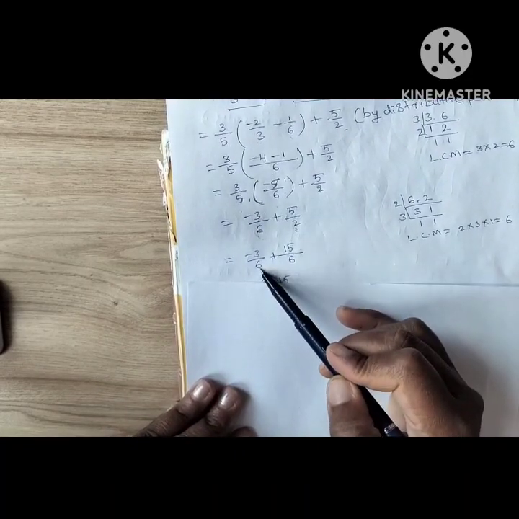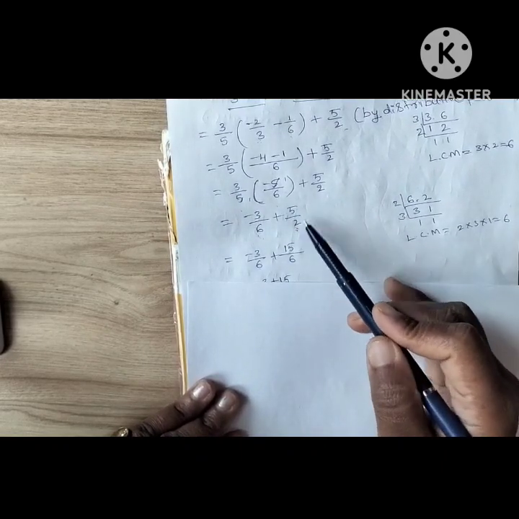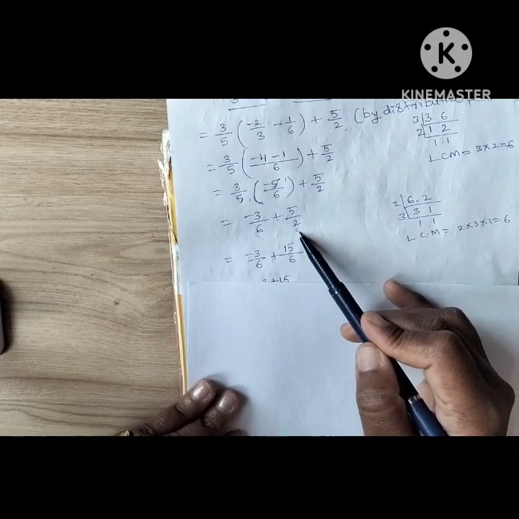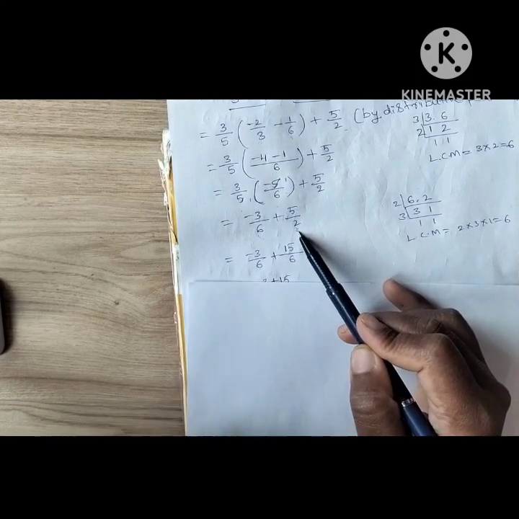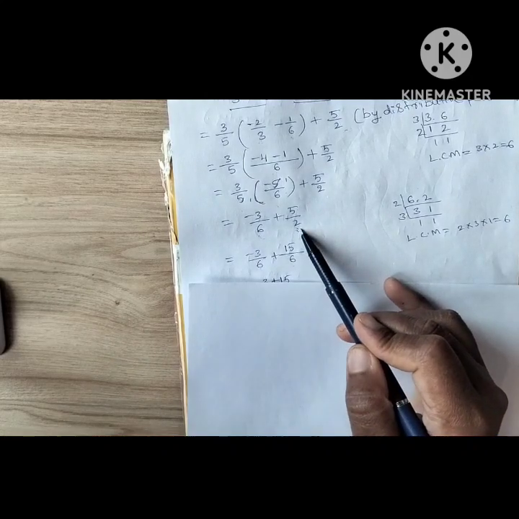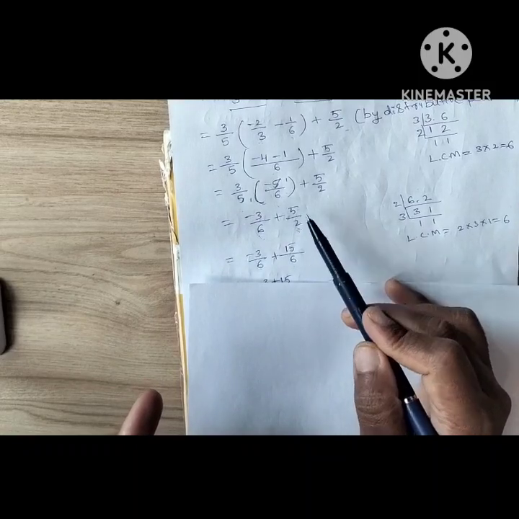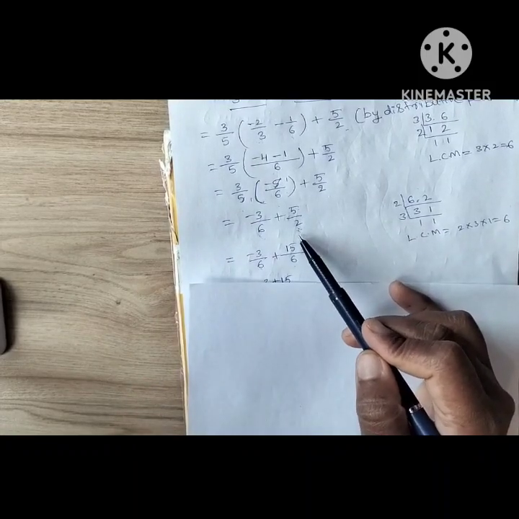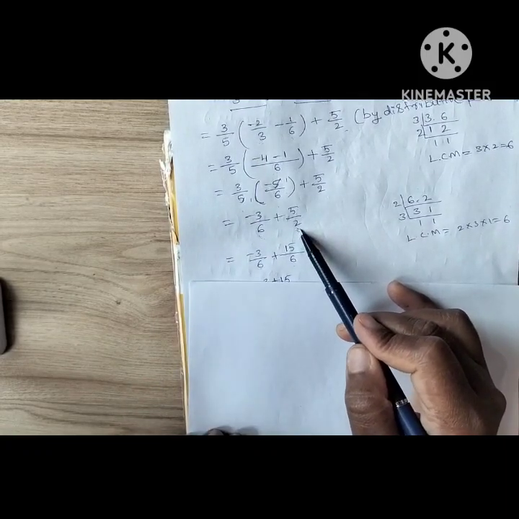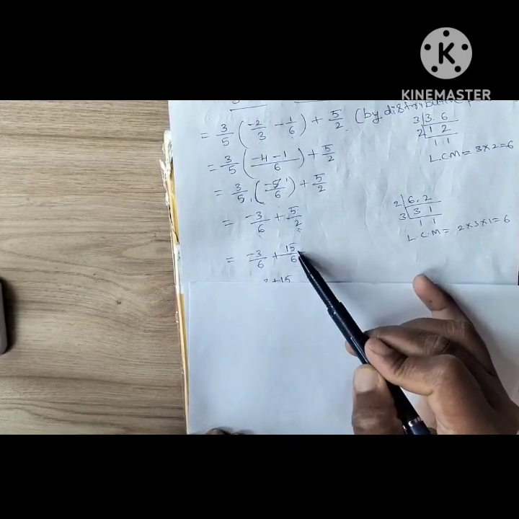Minus 3 by 6 write as it is. Plus write as it is. In the second fraction, 5 by 2 is here. Here we want the denominator to become 6. To make the denominator 6, we have to multiply denominator and numerator by 3, then we will get 6 in the denominator. 2 threes are 6, 5 threes are 15.